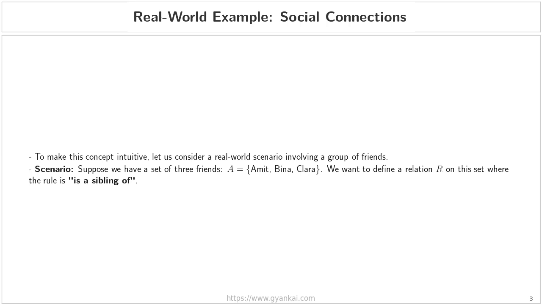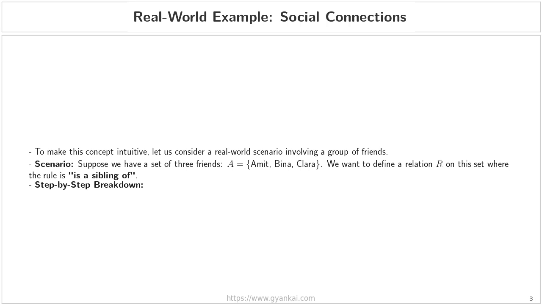Suppose we have a set, which we will call set A, containing three friends, Amit, Bina, and Clara. Now, instead of looking for a relationship between two different groups, we want to define a relation, which we'll call R, specifically on this single set A. The rule for our relation will be the phrase "is a sibling of." Let's break this down step by step so you can see how the math works.